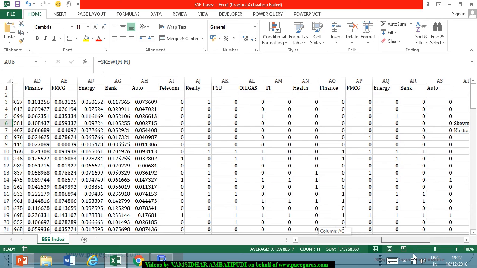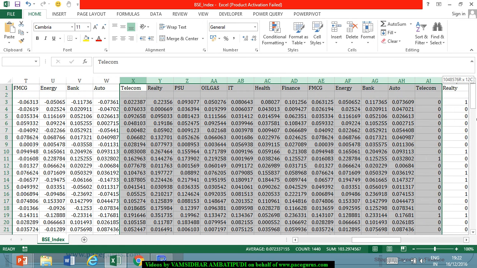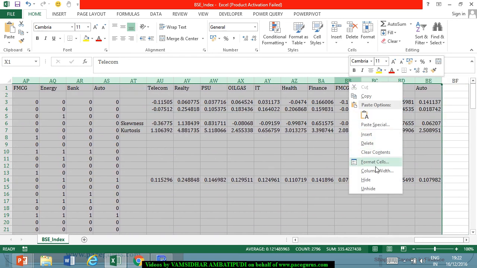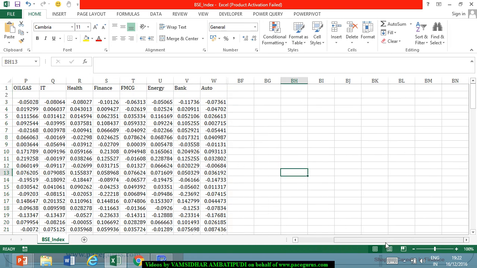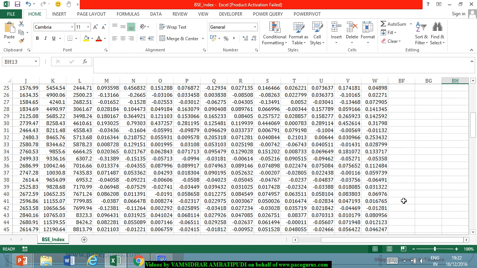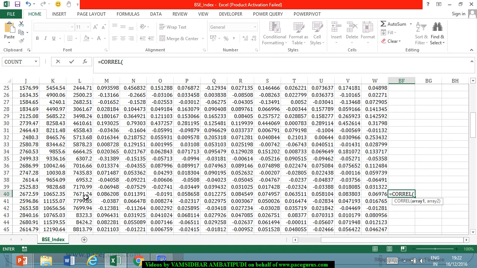So let me hide all these things to start with. Now here, if I have to talk about the rollover correlation, I'll start somewhere here, right? And I simply talk about the correlation with some kind of a time lag, right? So I'll start right from here.